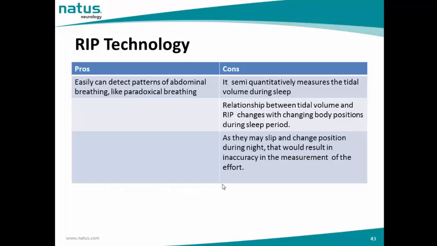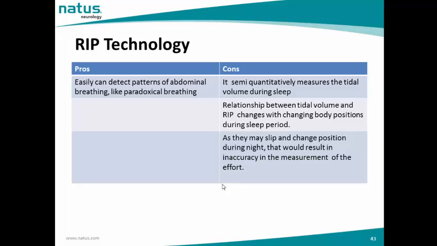This table summarizes the pros and cons for the RIP technology. As a pro, this technology can easily detect the patterns of abdominal breathing, like synchronization and asynchronization of breathing.